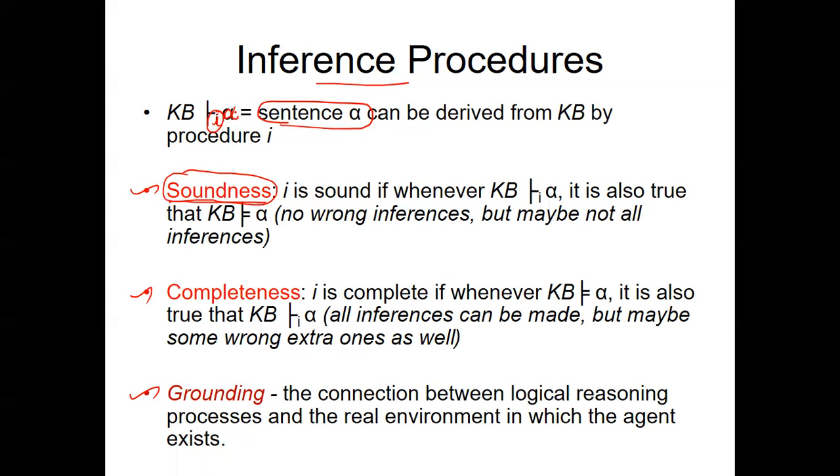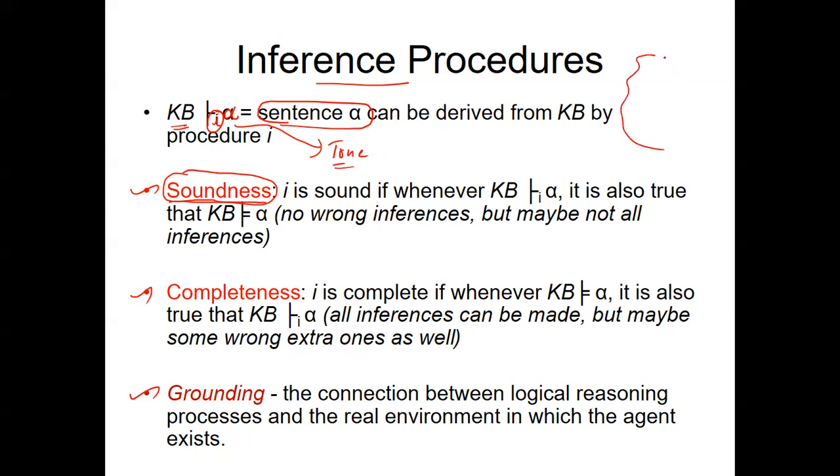If whatever sentences it derives from the KB are all correct, that is, true, then we'll call that inference algorithm sound. What is the catch here? The catch is that whatever it derives is correct or true, but that doesn't mean that it derives all the sentences.